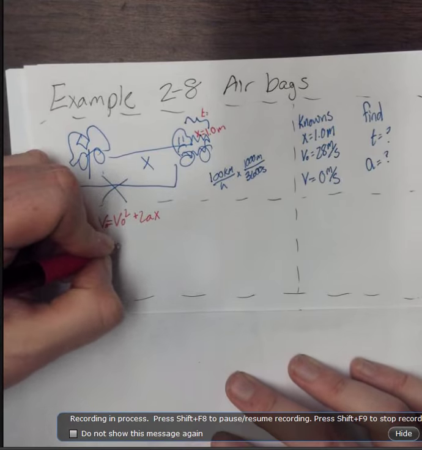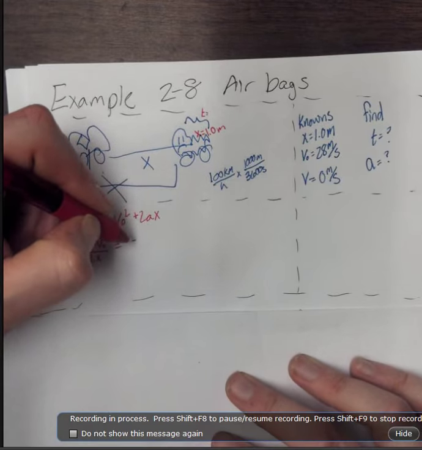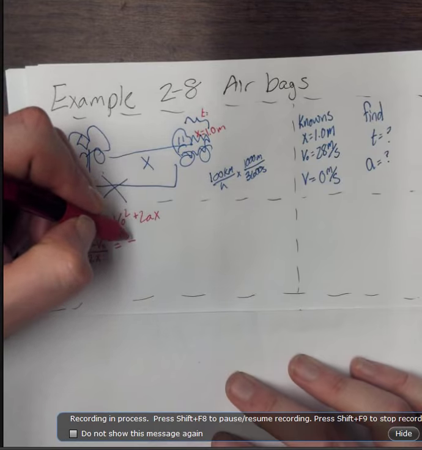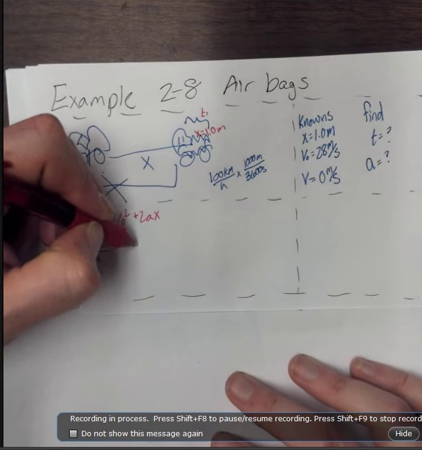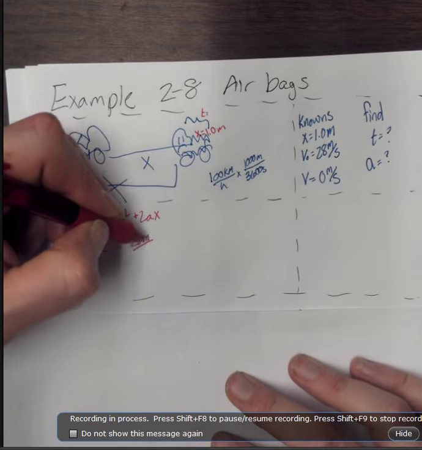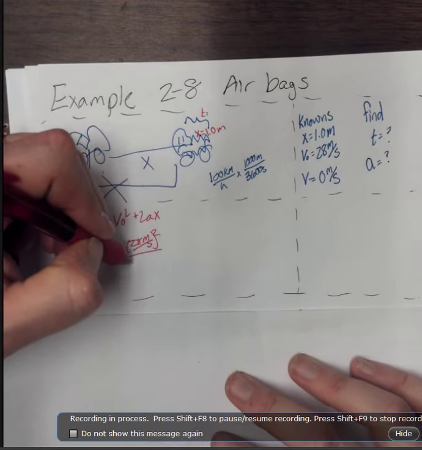So that's going to be negative 28 meters per second, and that value is going to be squared, all divided by 2x, which is 2.0 meters.